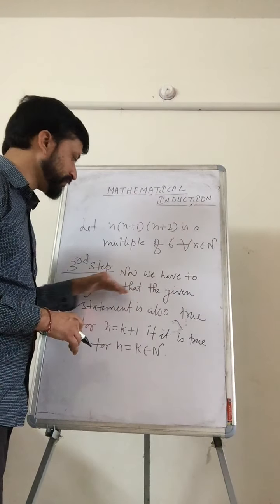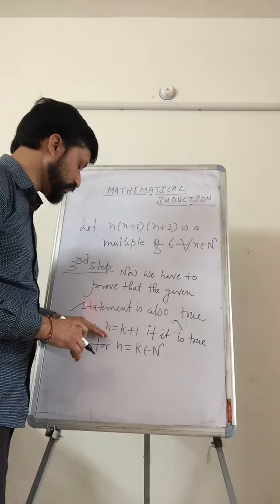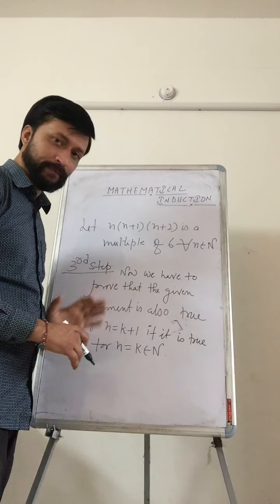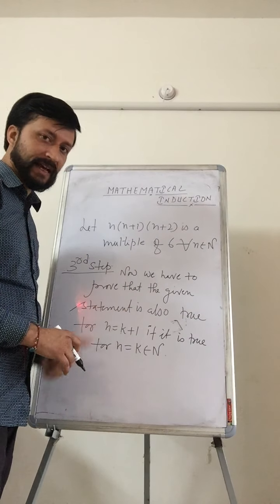Now we have to prove that the given statement is also true for n equal to k plus 1 if it is true for n equal to k. That is what we assumed in the second step.